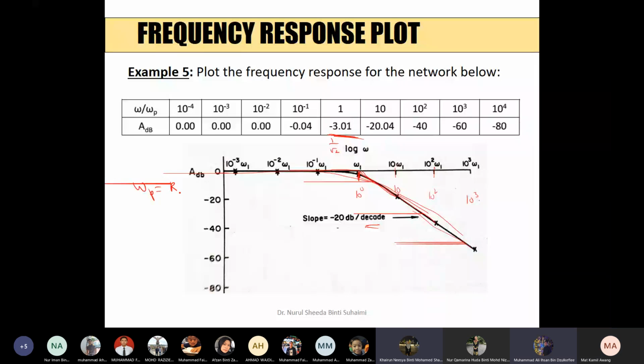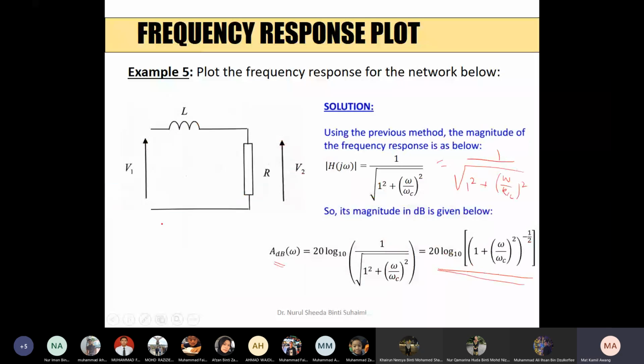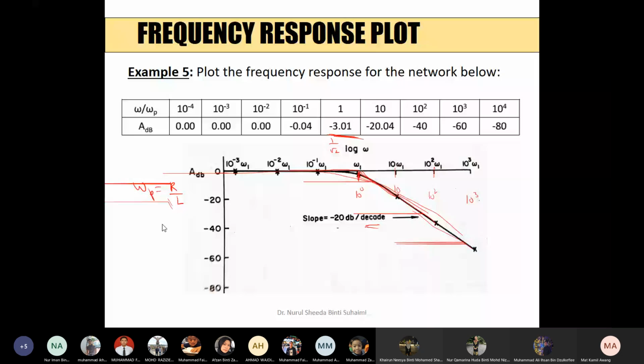R over L. Omega C, omega C. This omega C is R over L. This is normalized.